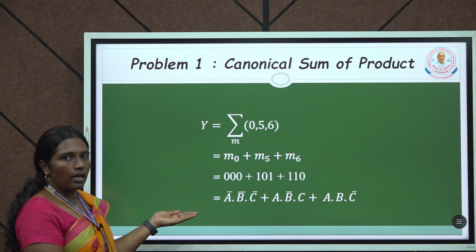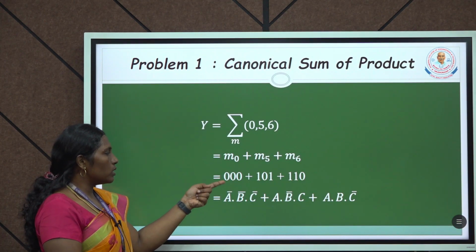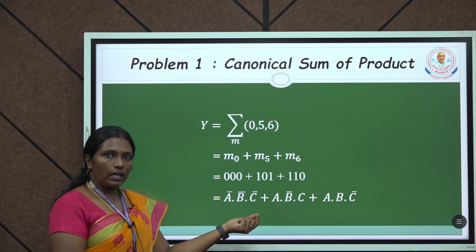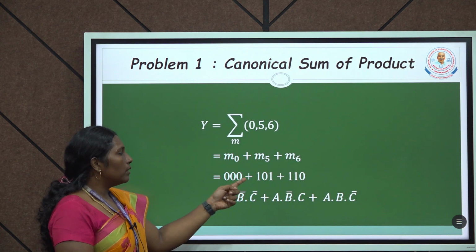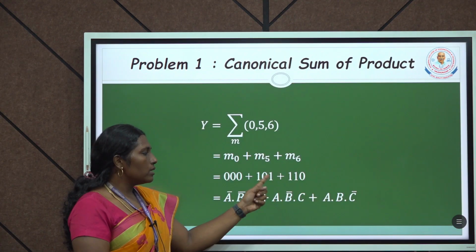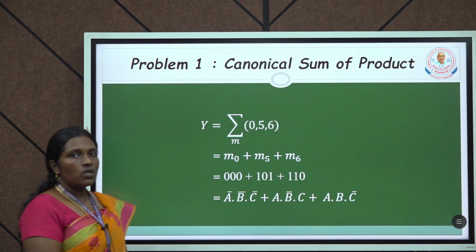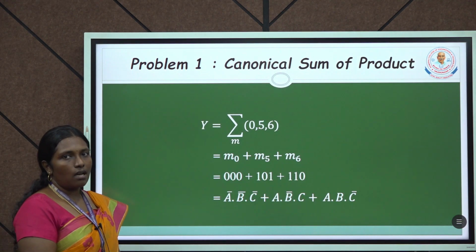So 0, 0, 0 is a bar dot b bar dot c bar, then ORed with a b bar c, plus a b c bar. This is the first example.